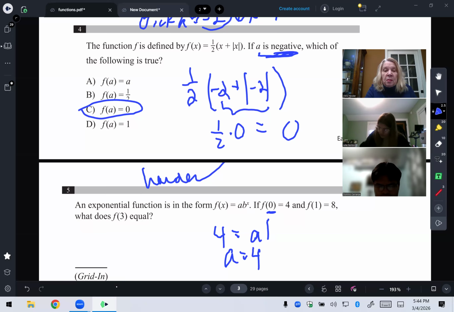Now the next part of the mystery is this. We get another clue. If we put in 1, we're going to get f of 1 is 8. So 8 equals 4 times b to the 1. And so the only thing b can be is 2.